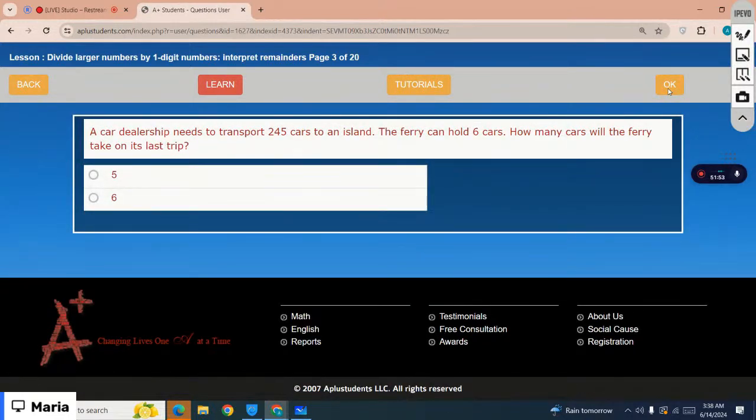A dealership needs to transport 245 cars to an island. The ferry can hold 6 cars. How many cars will the ferry take on its last trip? So which is the correct option?